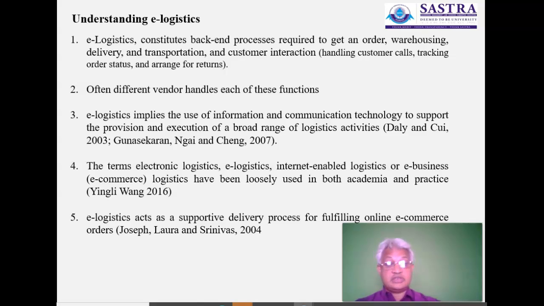Yes, you may have got calls after you purchase a product about the quality. Well, is it always the company that is calling you? Think about it. It may be handed down to a company which does not have any link with the manufacturer. So that's why we say it is handled by different vendors.